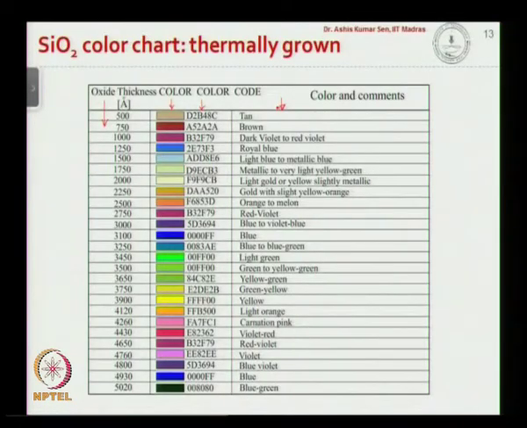So as you can see in the table, for example, you take out the wafer from the oxidation furnace and you find that the surface looks blue. If the surface looks blue, you can say that the oxidation thickness is about 3100 angstrom, and for example if the surface is looking brown, you can say that the thickness is 750 angstrom. So this is approximate, but it is a quick approach to measure the oxidation thickness, okay.